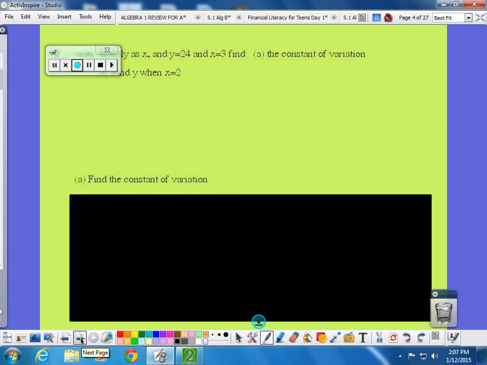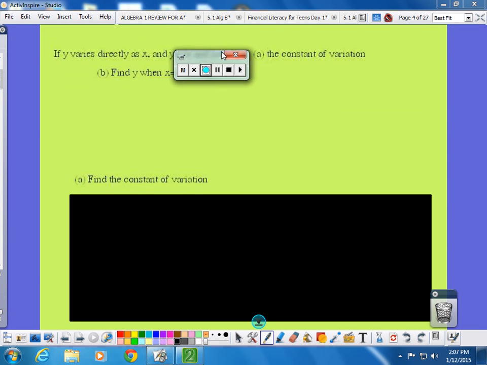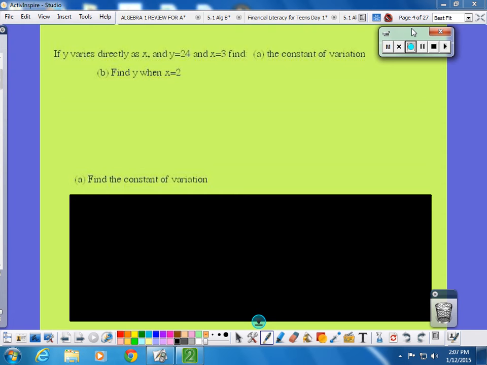Here is an example that says if y varies directly as x. Now that tells you right there that two things should come to mind. If it varies directly, first of all, we have the equation, and secondly, we have the proportion. Just the words varies directly, hopefully those two things will pop up in your mind.